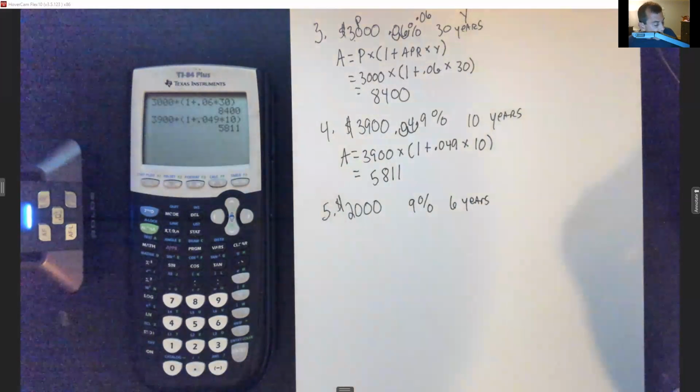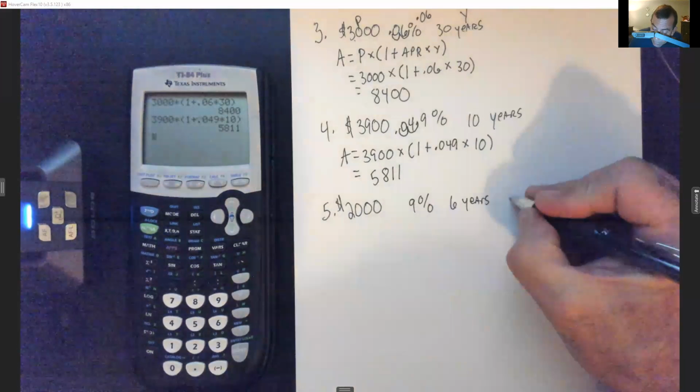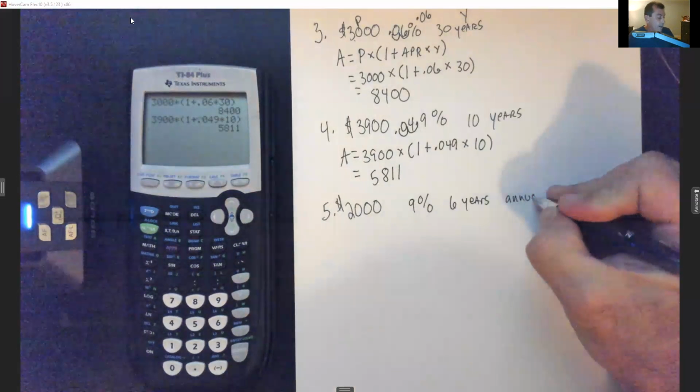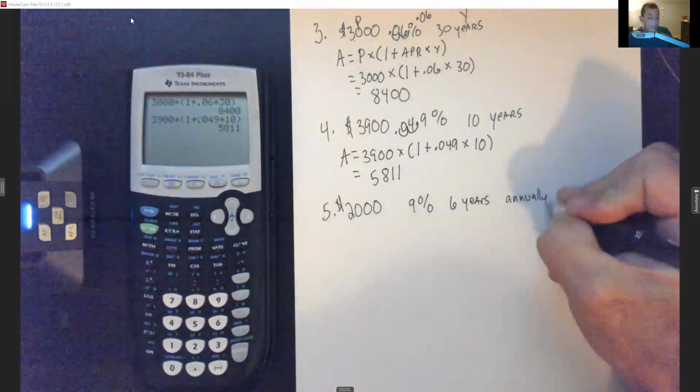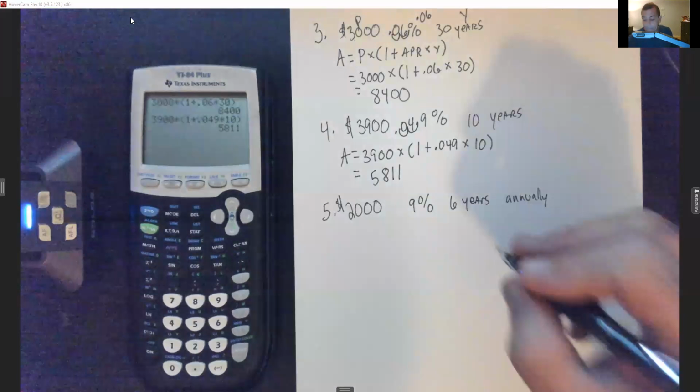If interest is compounded annually, what is the amount of money after those 6 years?